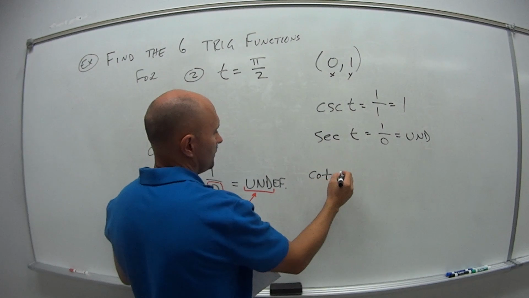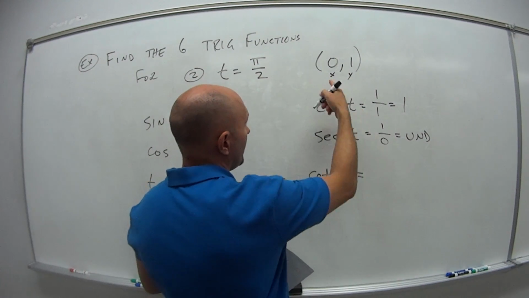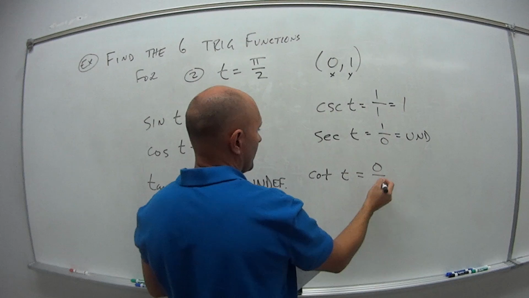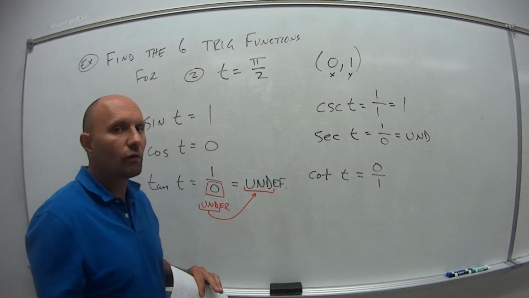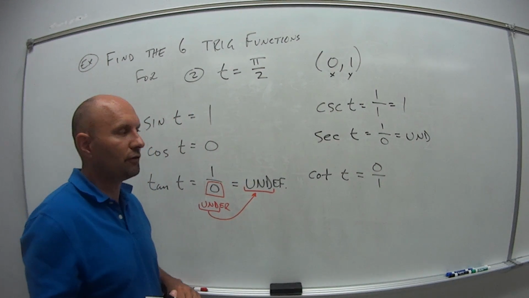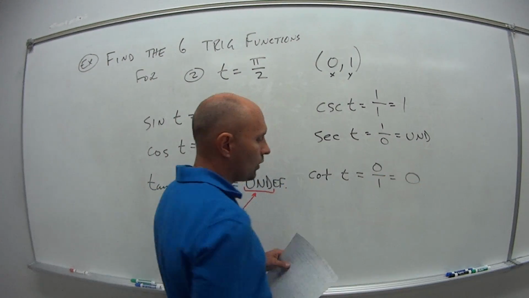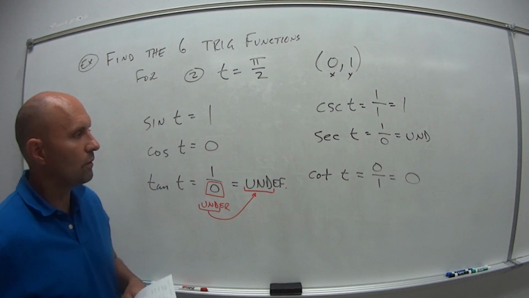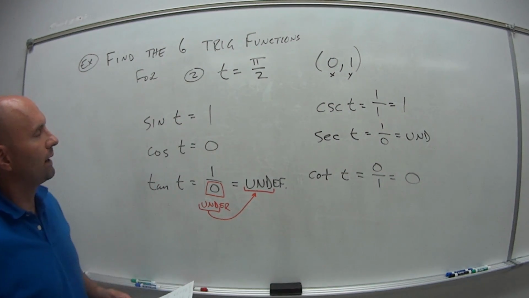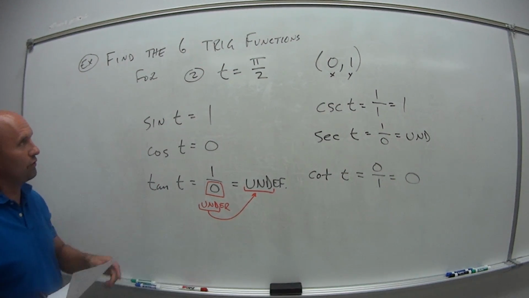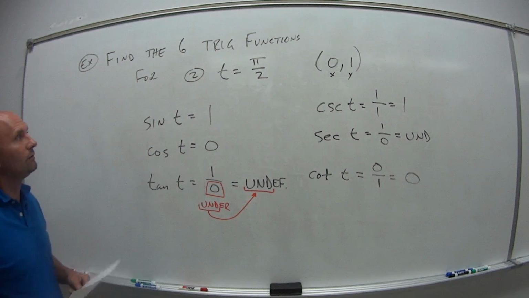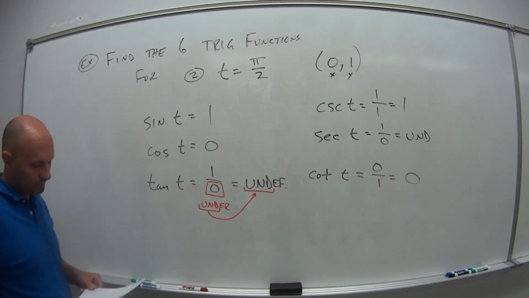And then cotangent of t is x, 0, over y, which is 1. 0 over 1 is fine. It's just we can't have a 0 in the denominator. If it's in the numerator, that's fine. So 0 over 1 is equal to 0. So there's your answer for the 6 trig functions when our terminal point is pi over 2.